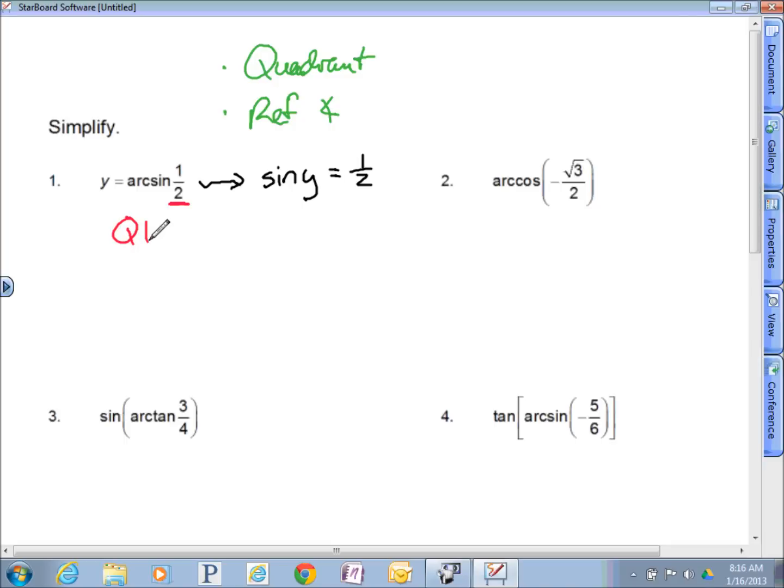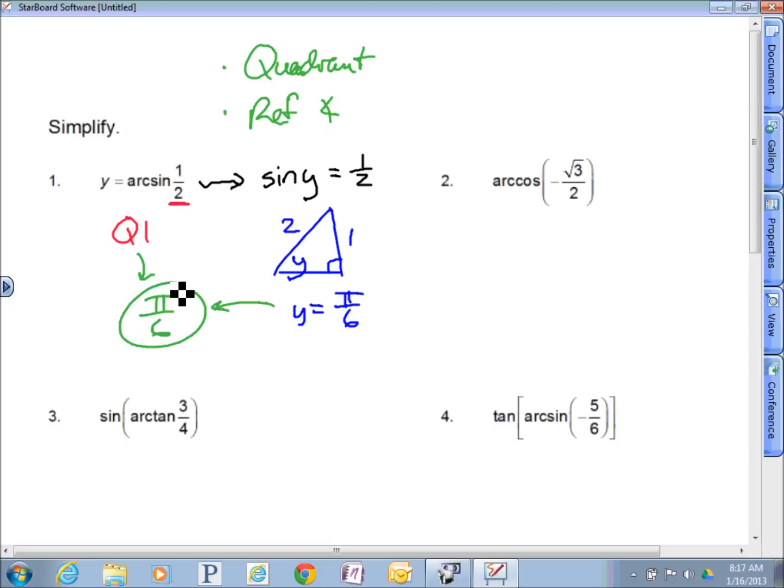Then what reference angle do I have? What y has an opposite of 1 and a hypotenuse of 2? That y is going to be pi over 6 radians. Combining this information, quadrant number 1 and pi over 6 radians makes for an easy combination this time. But really, those two green arrows are the two pieces you're trying to bring together every time: what's your quadrant and what's your reference angle?